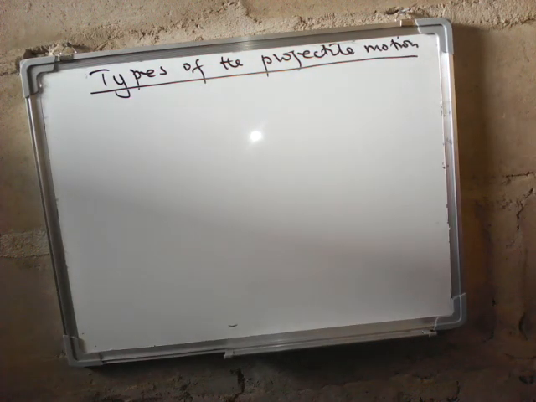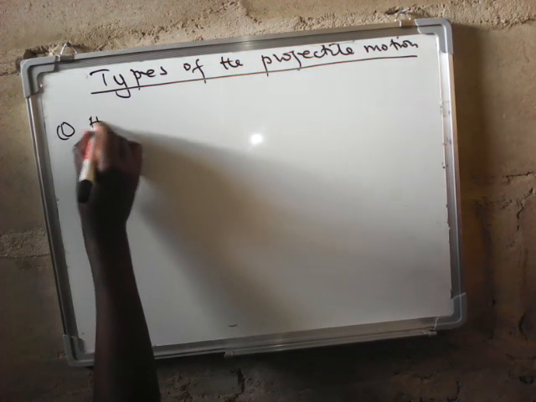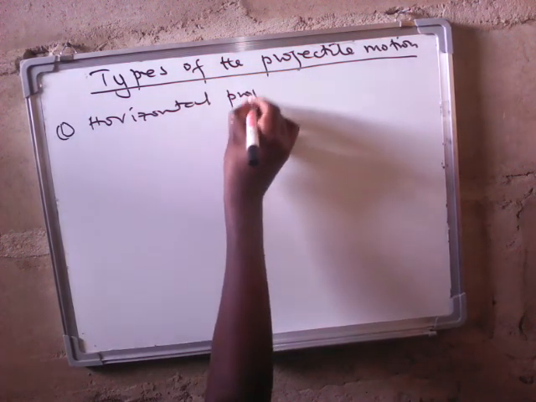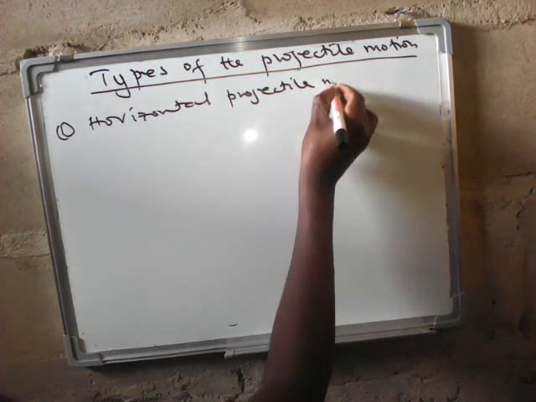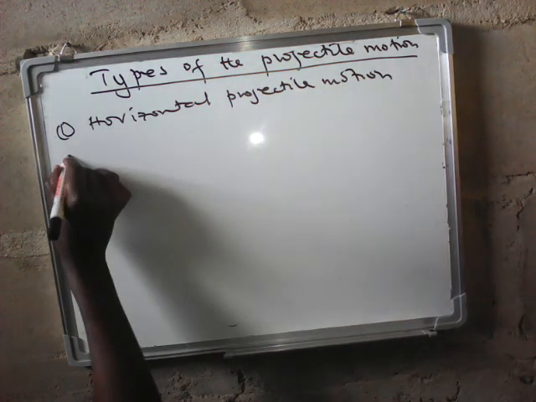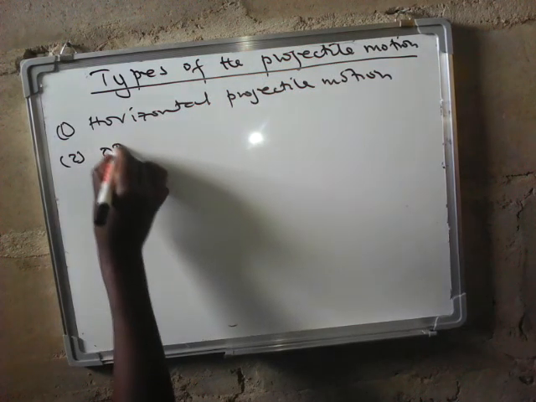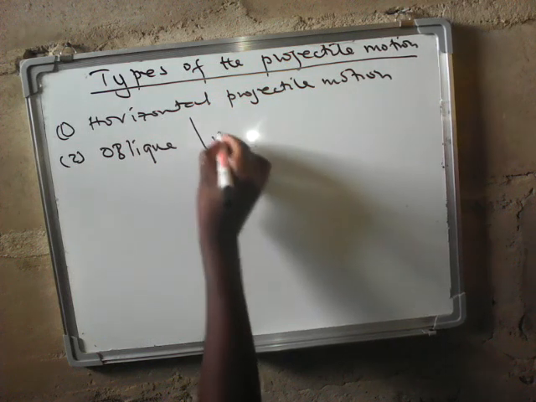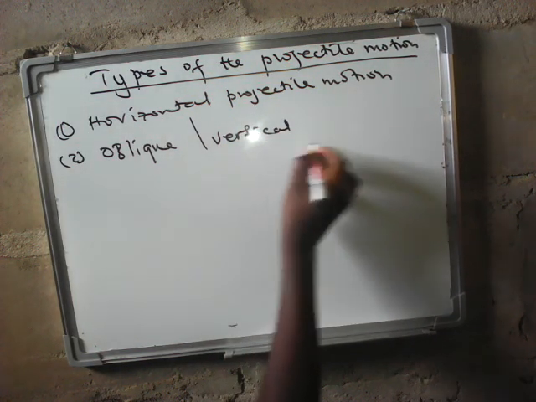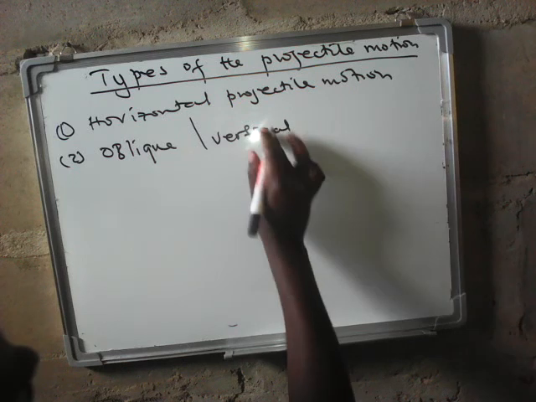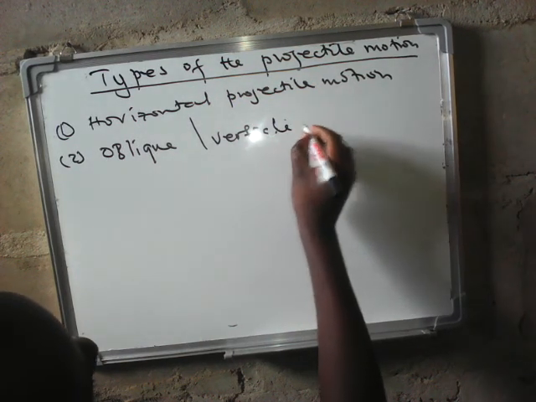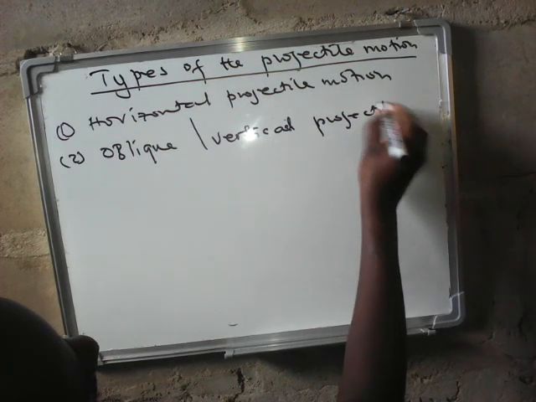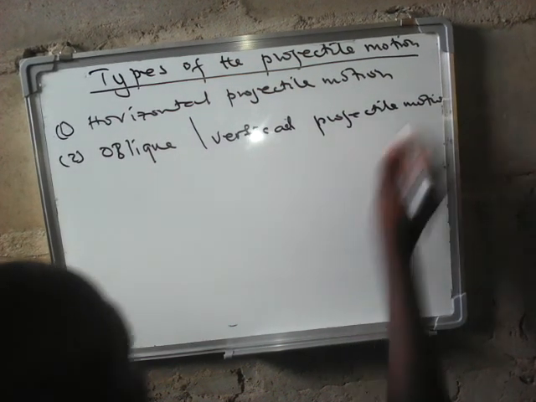So we have only two types of projectile motion: one, horizontal projectile motion, and two, oblique, which is the same as vertical projectile motion.